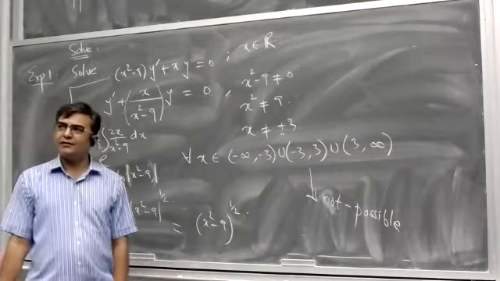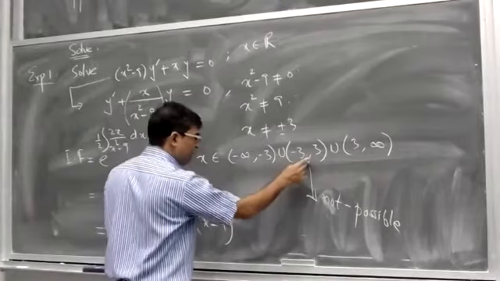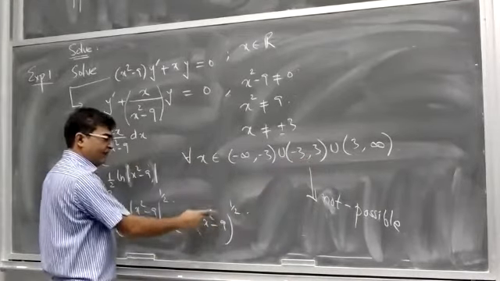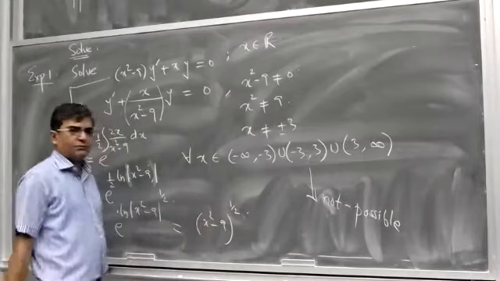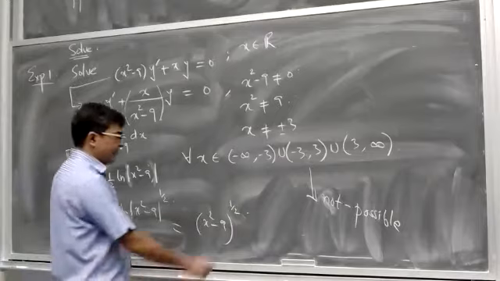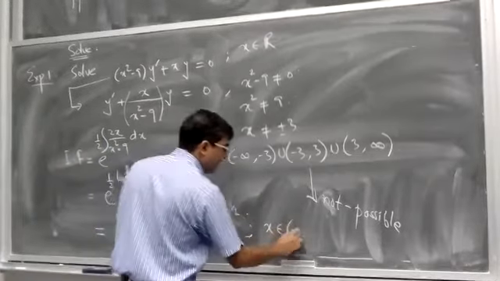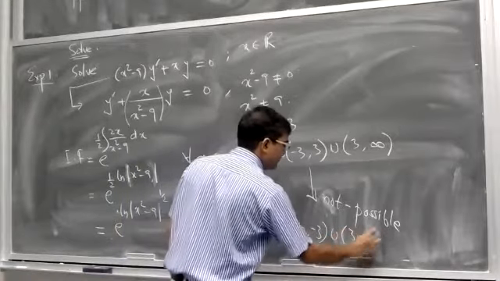Because if we put any number from this interval here, it will give us a negative number, and the square root of the negative number is not possible. You further mention here that x belongs to what? Negative infinity to negative 3 union 3 to infinity.